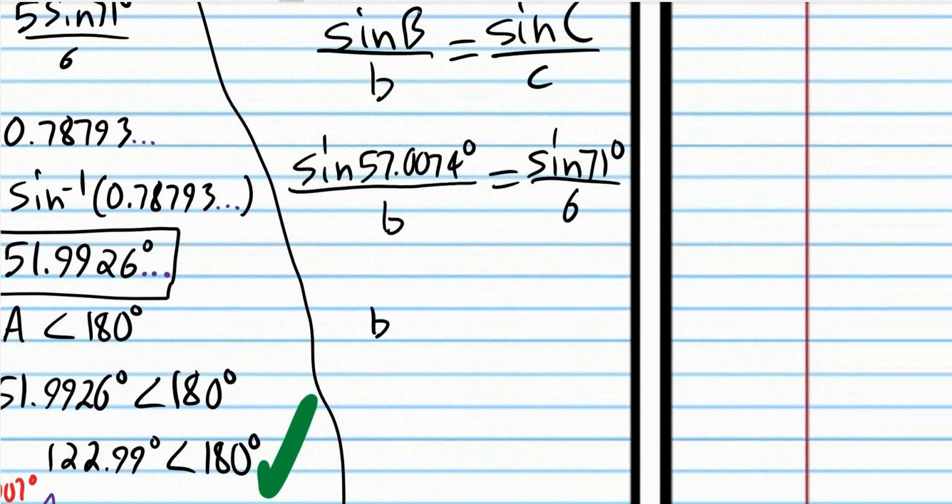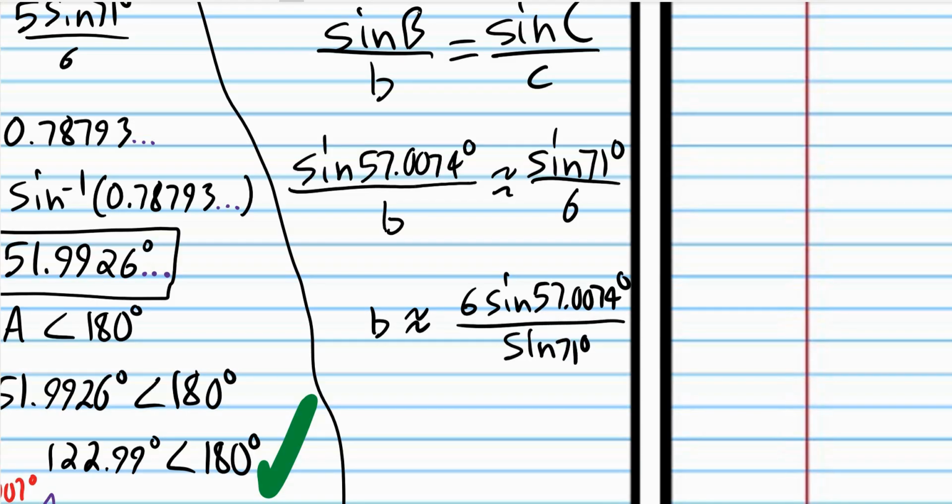And if we do the math, technically that should be approximately equal to 6 times sine 57.0074 degrees over sine 71 degrees.